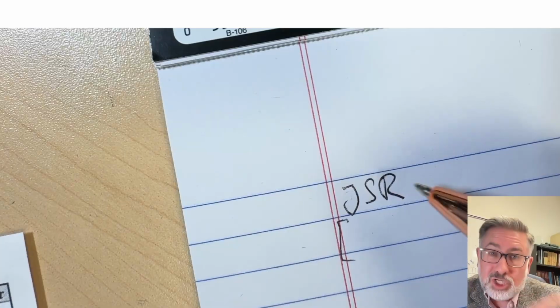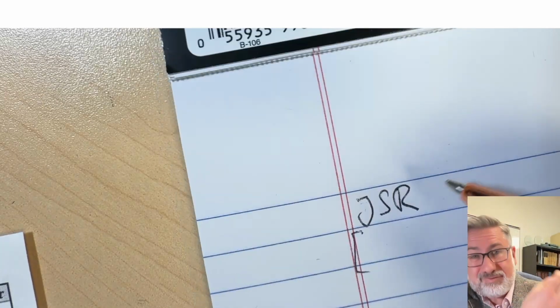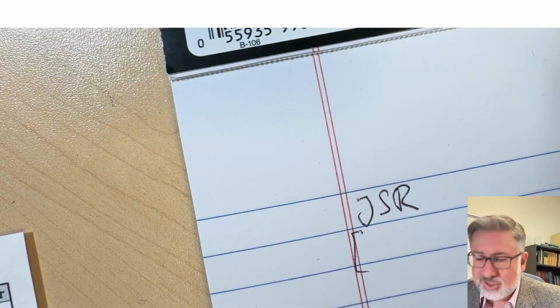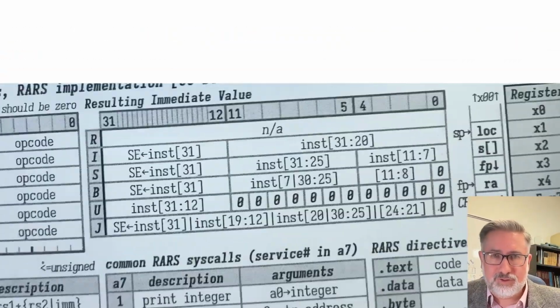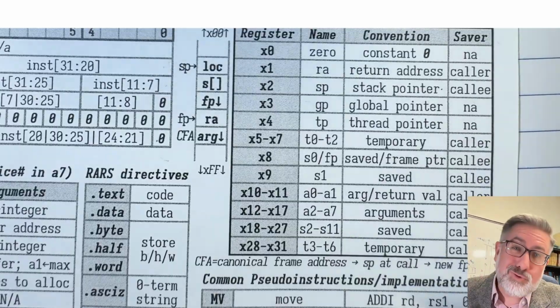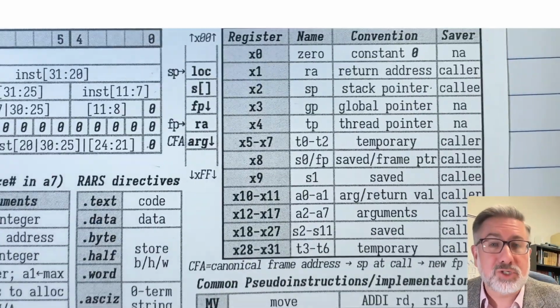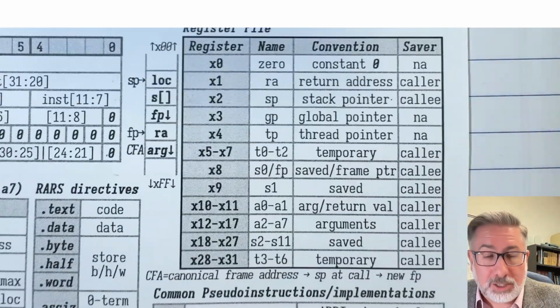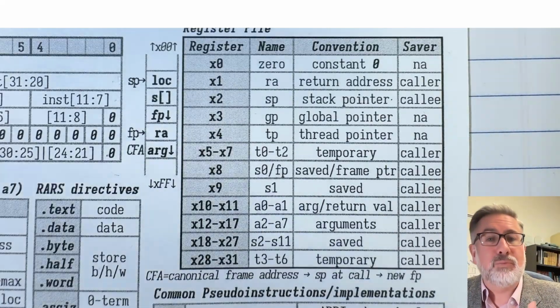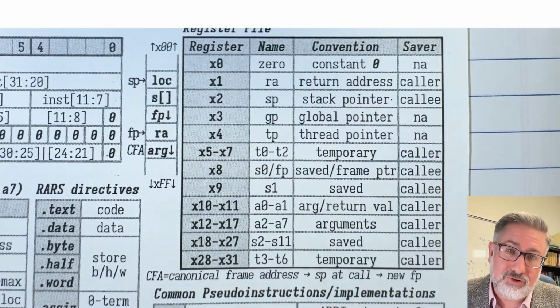If you're jumping to a subroutine to get a value to come back to you, you would expect that value to change. So the saver list in our register file tells you which registers are whose responsibility: when you jump to a subroutine, which registers you can expect to be the same and which registers you might expect to change.